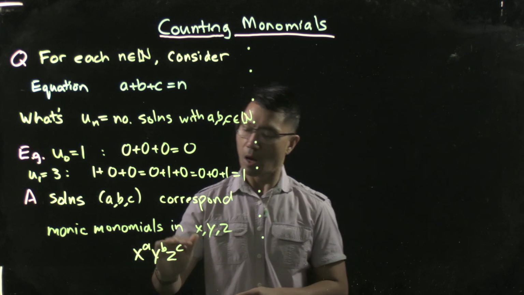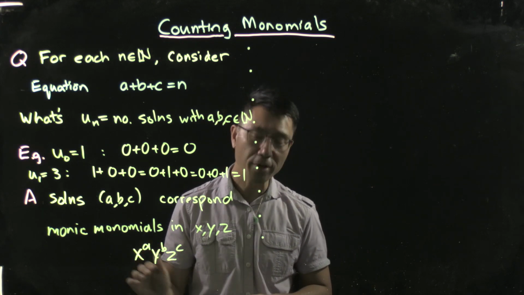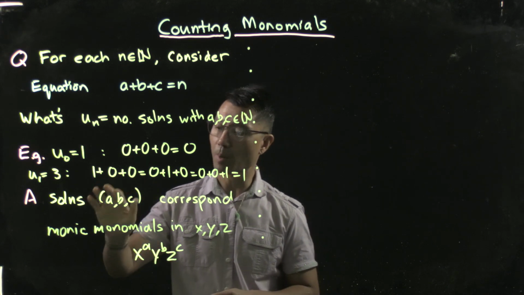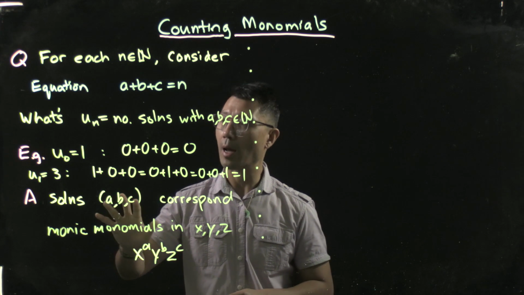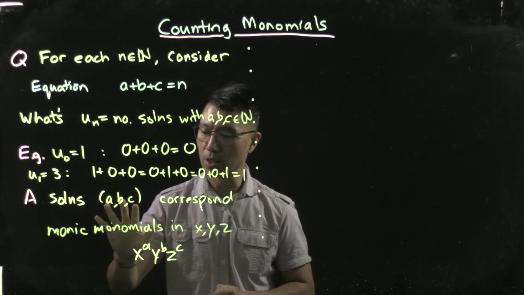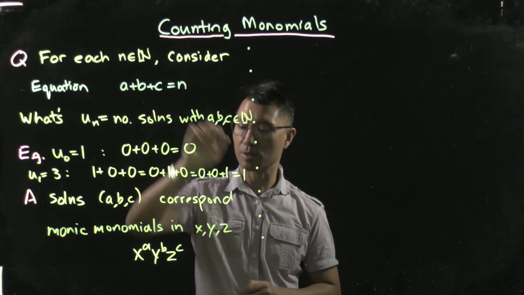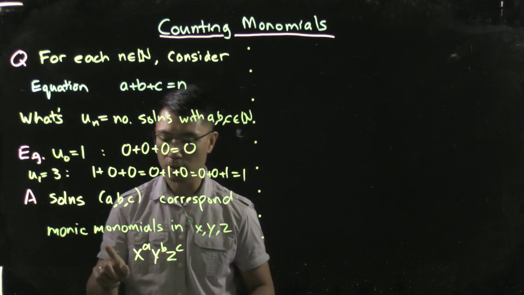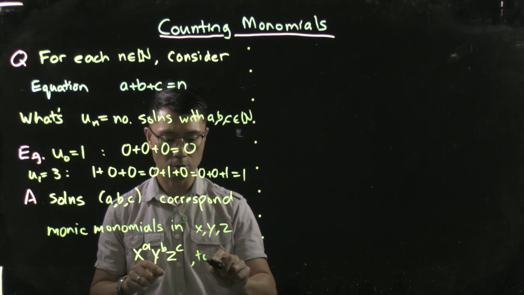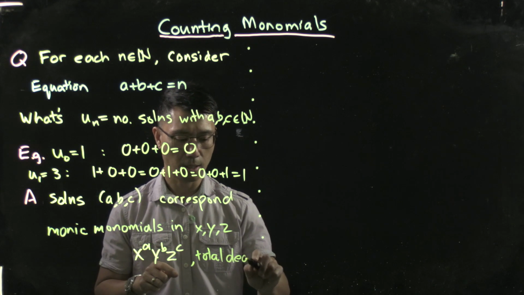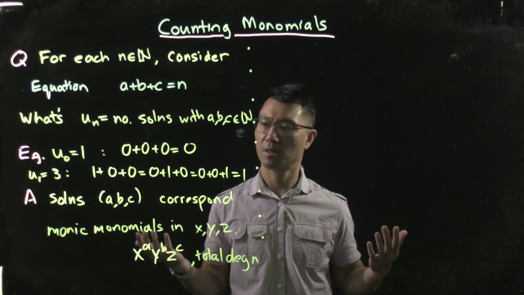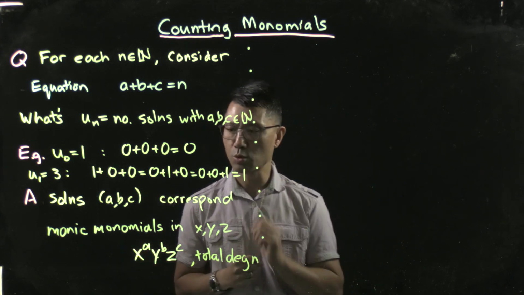Here we look at non-negative integer powers of x, y, and z, which is why they correspond to a, b, c natural numbers. The key point is that the condition a plus b plus c equals n corresponds to the total degree n. Total degree just means that you sum up a plus b plus c.